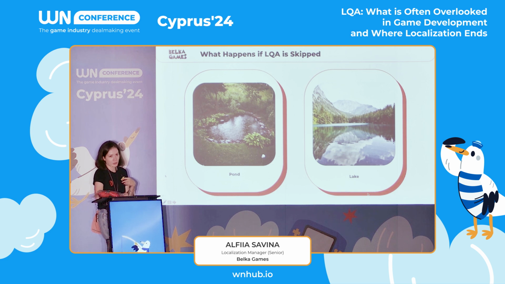When I was an LQA tester, there was a game and there was a quest named something like Find Lake N. But when I opened the map, there was no such lake. There was a pond, but fortunately I had access to the text and I found out that the body of water was translated as lake in one string and in another as pond.